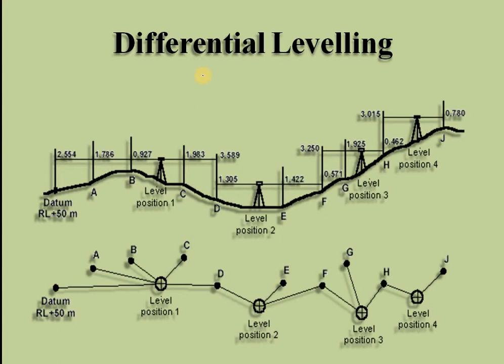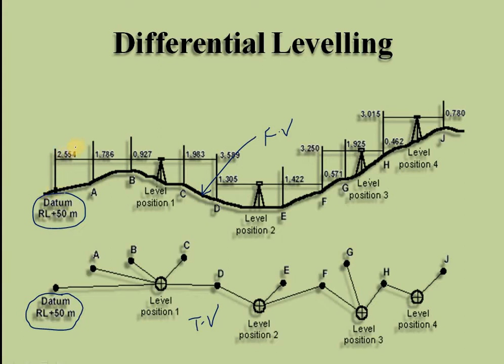And the next one is differential leveling, where he has given the diagram clearly. This is our datum point, RL 50 meters, and the black line is the ground level. This portion is the top view, and this one is the front view of the ground levels.